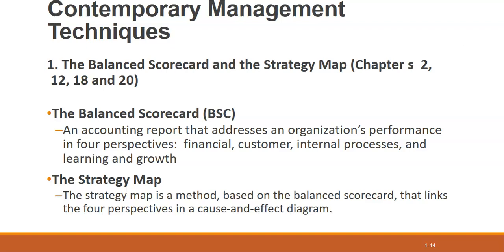We're going to look at those much deeper in chapter 2, but we're also going to see them in 12, 18, and 20. So the balanced scorecard is a performance management tool that looks at how a company is performing for financial and non-financial measures. So we have 4 different perspectives in a balanced scorecard.